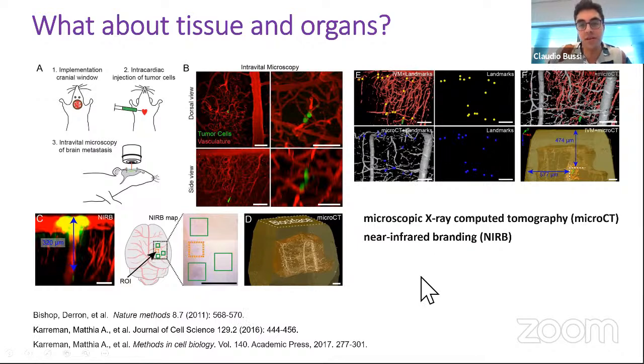Este ejemplo también fue desarrollado por el grupo de Yannick Schwab. Lo que ellos hacen acá es una inyección intracardíaca de células tumorales, y van a seguir la metástasis en cerebro.